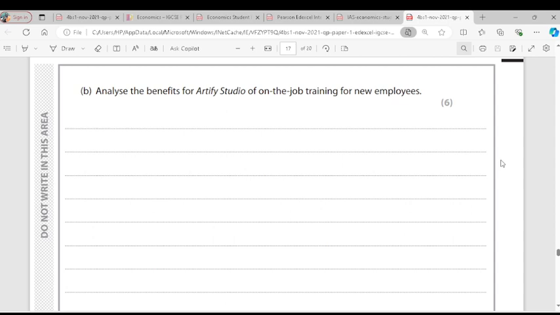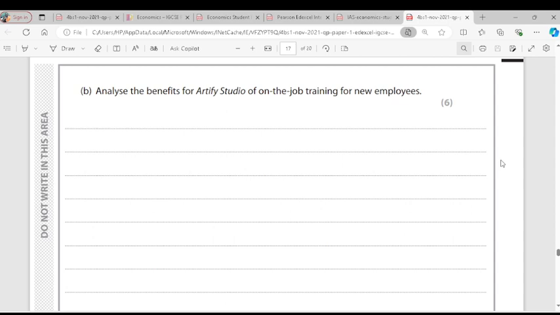The second benefit of on-the-job training is that it allows the owner of Artifice Studio to know if the new employees are skilled enough to work in the new studio. If they are not skilled enough, he or she will be able to know that they need more training, maybe through off-the-job training.